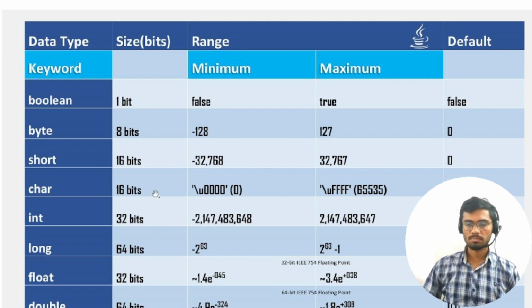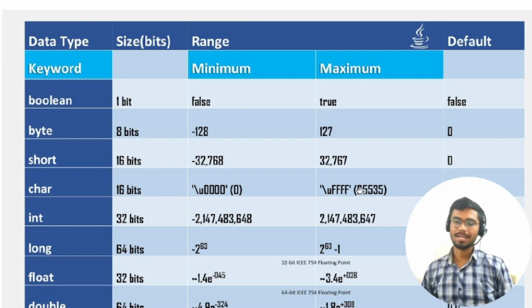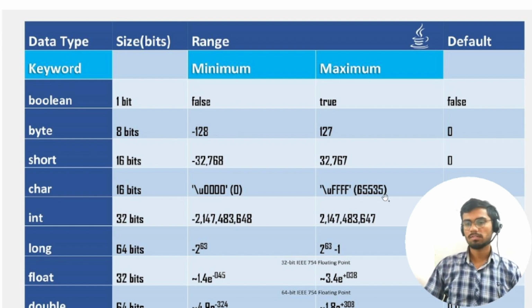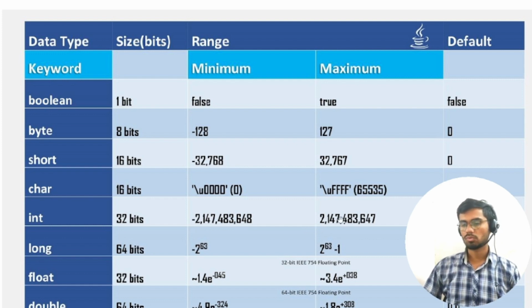Character is of 16 bits, which has the minimum value of 0 and a maximum value of 65,535, and the default value of the character is \u0000. And int is of 32 bits, which has the minimum value of -2 to the power 31 up to 2 to the power 31 minus 1, and it has the default value 0.